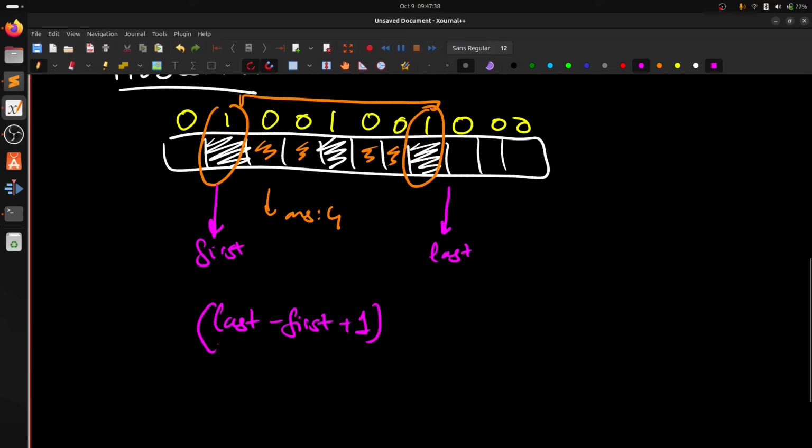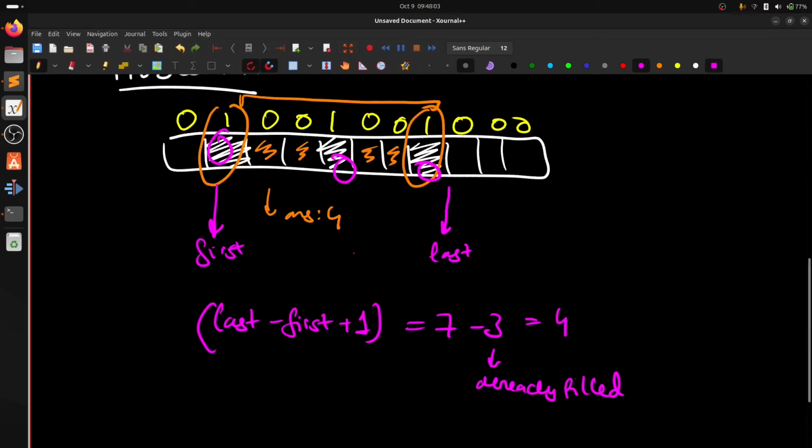So these many cells need to be filled, correct? But already, as you can see, 1, 2, 3 cells are already filled, right? So in this case, last minus first plus 1 is equal to 7, minus 3, which are already filled, which is equal to 4, right?